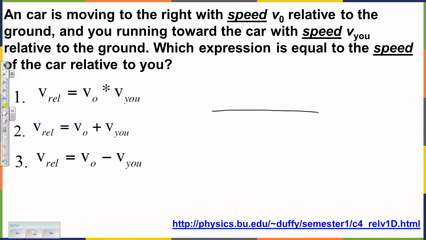If you have two objects traveling toward each other, this one and u, then relative to the ground, you have two numbers which represent the motion, but relative to u, u will not be moving.